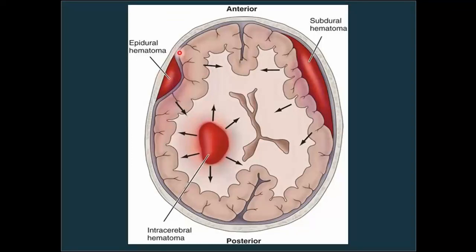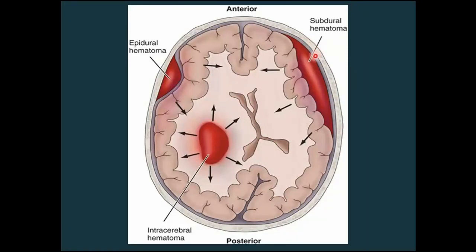Epidural, or on top of the dura, as you can see, it's between the bone and the dura. Okay, so it's on the outside part. It's external to the brain dura. It still can cause shifting. As it grows, it can still push the brain tissue over, but it's easier to get to.